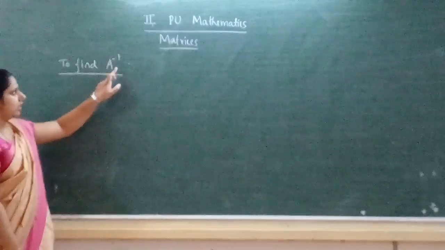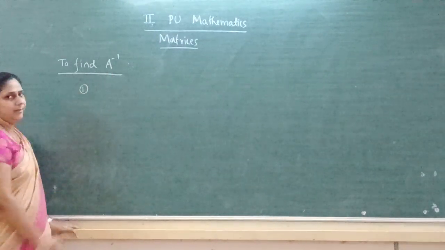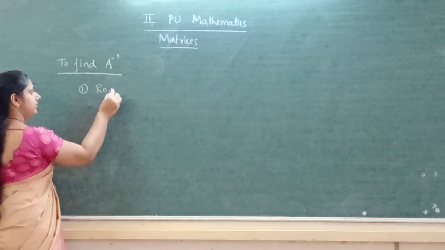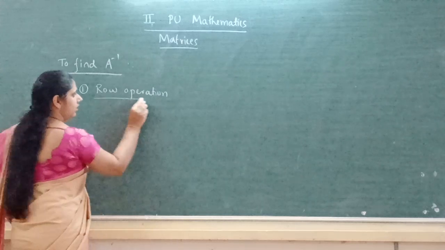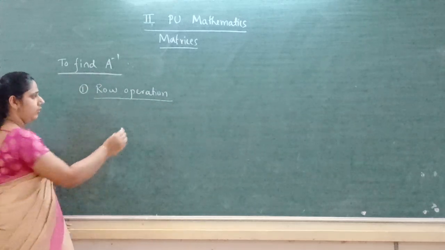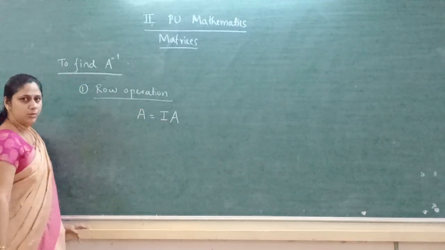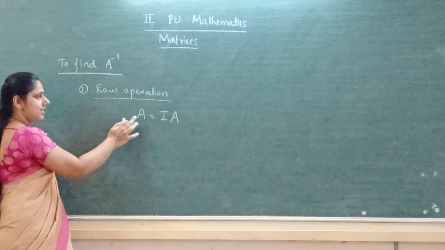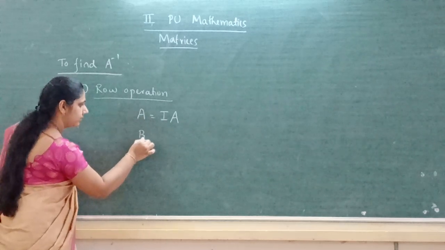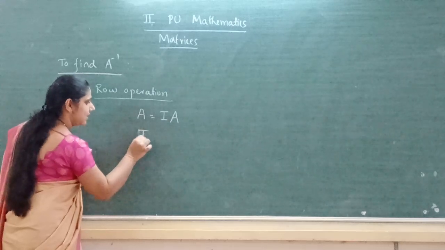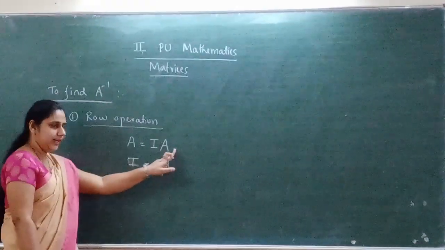Now we will see how to find A inverse. There are two methods. One is by elementary row operation. In row operation we have to take A is equal to I into A. Now we have to apply a sequence of row operations to this to get the condition I is equal to B into A. We have A is equal to IA.